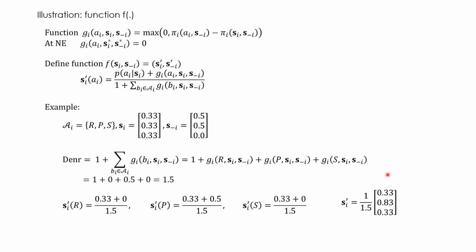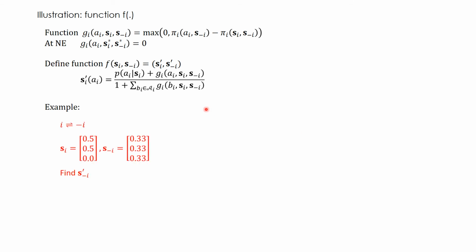And so this is the vector S prime i. This is the new strategy, and we already saw that this new strategy S prime i nudges S_i along a direction where agent i would get higher payoff.